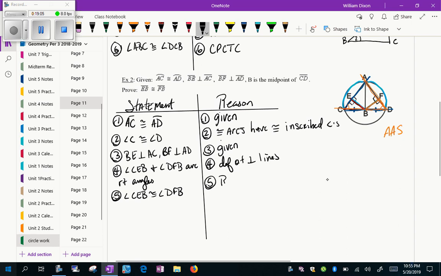And I can say right angles are congruent. 6, B is the midpoint of line CD. And 6 is given. 7, I have line CB is congruent to line DB.